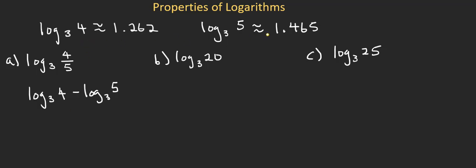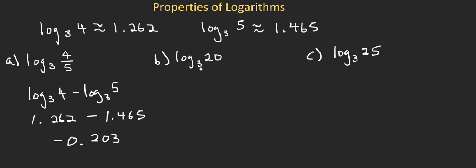So using the given information over here, it's going to be 1.262 minus 1.465, which is negative 0.203.